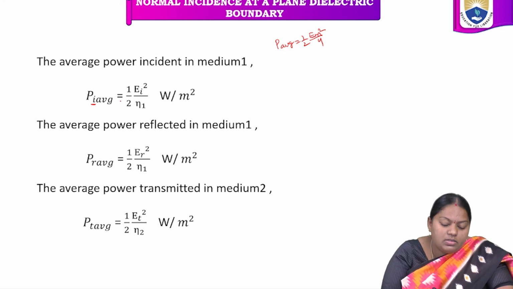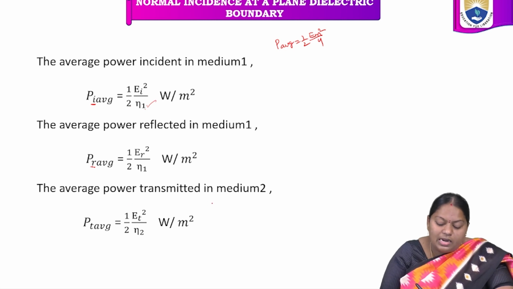So Pi average is equal to 1 by 2 into Ei square by eta 1. Why? Because the incident wave exists in medium 1, hence the intrinsic impedance is eta 1. And the average power reflected in medium 1 is 1 by 2 into Er square by eta 1, where R stands for reflected wave.